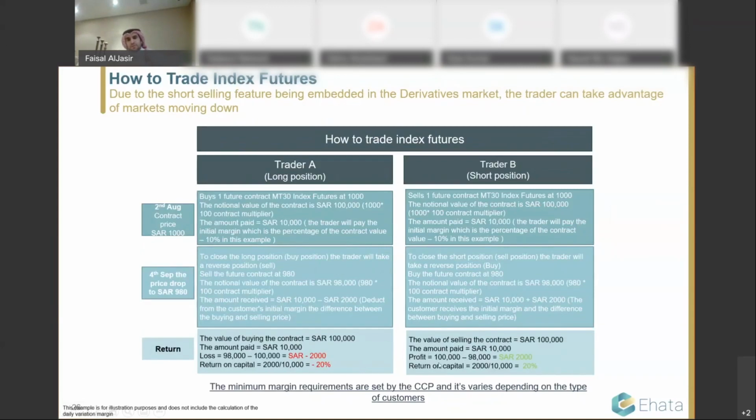The return on capital would be a 20% return. Why? Because the market went down, and you shorted that position using the future at 1,000. The market went to 980 and you made 2,000 on your capital invested. Initial margin makes a 20% gain.